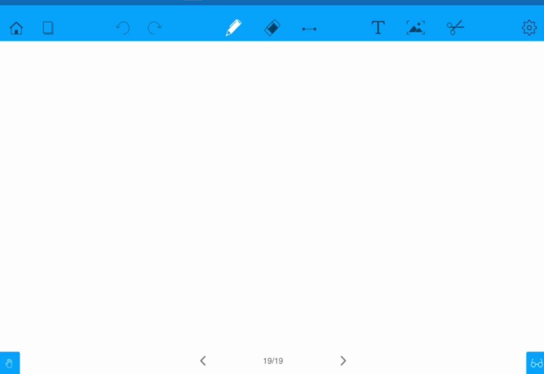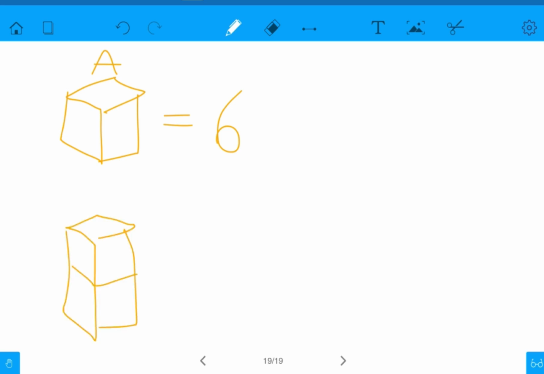Cuboid A will have a surface area of 6. If we assume that each face has an area of 1, that means the sum of each of the individual faces of both of the cuboids minus 2.